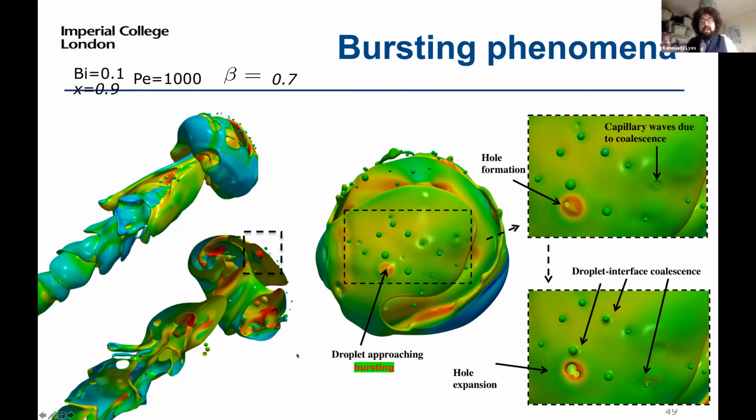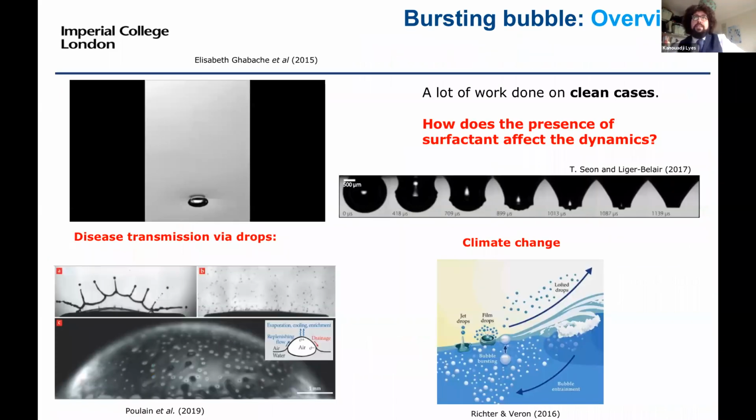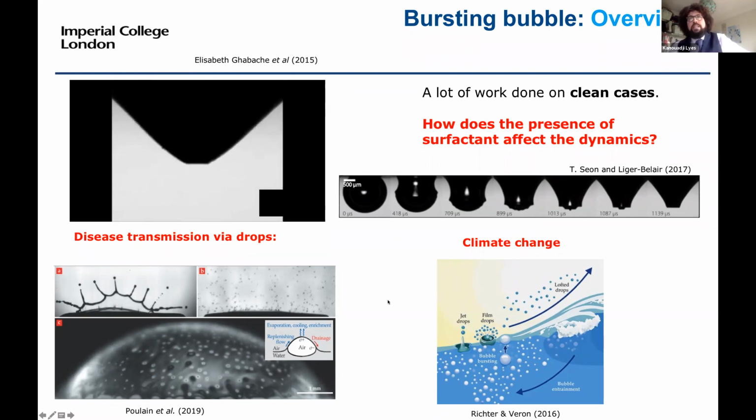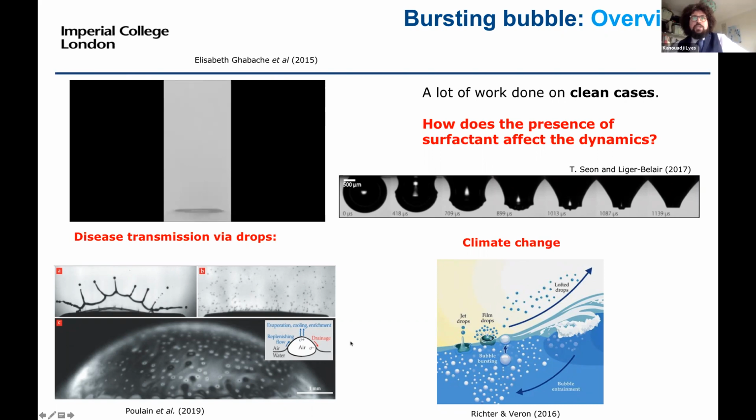So same big simulation with jet, we isolate the mechanism of the bubble. We work on the configuration of a bursting bubble with a lot of applications. The bursting bubble is a really complex situation where you have a bubble reaching an interface and then it will burst. The cavity will collapse and it will create a jet.